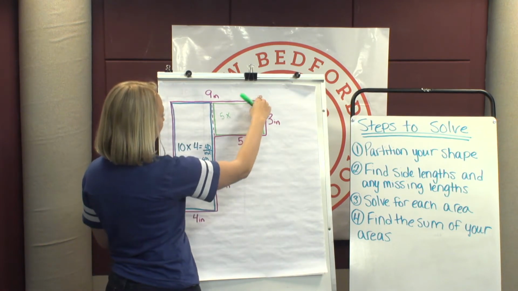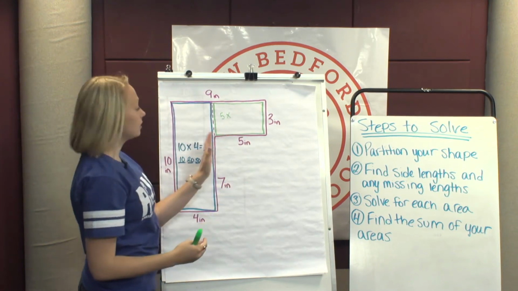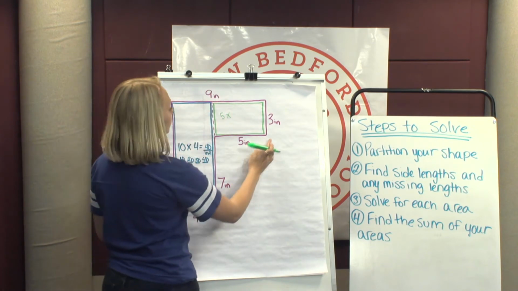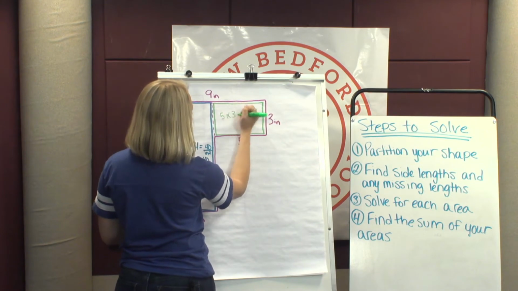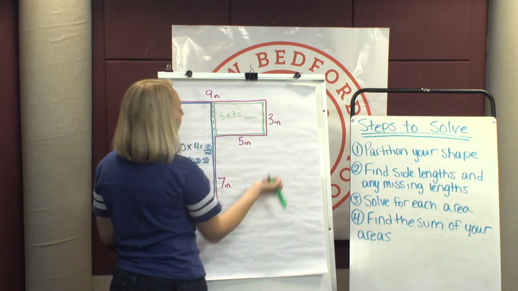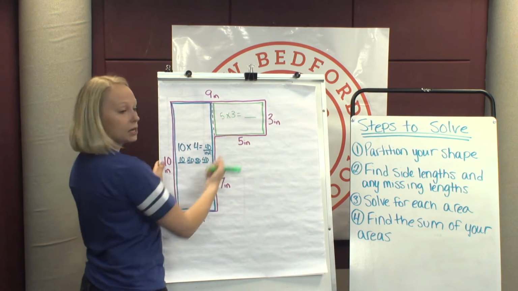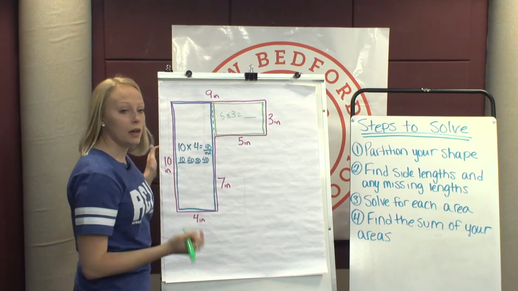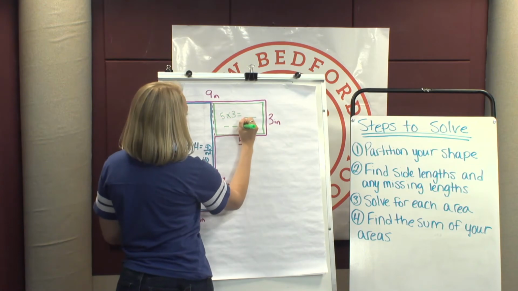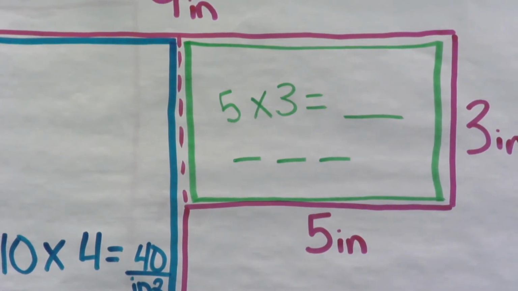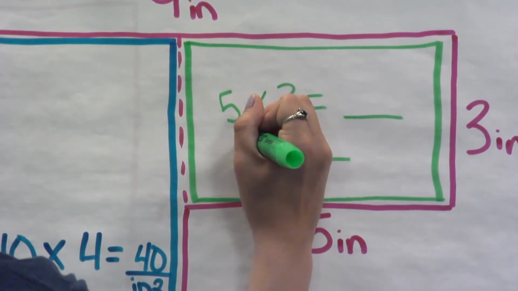And then I have that 9-inch side again, but again, that side's broken up, so I can't use it. So I'm going to use this 3-inch side where I have the entire side. I can skip count by 5 3 times or 3 5 times to find my area. I'm going to skip count by 5 3 times because it's easier for me to count by 5s than it is to count by 3s.